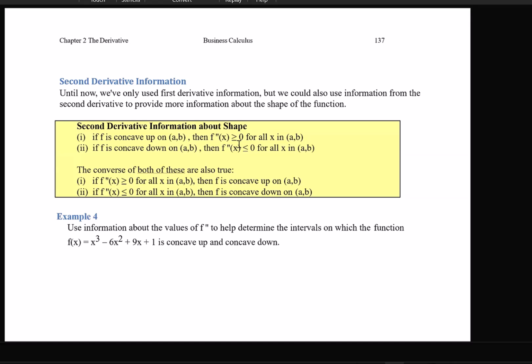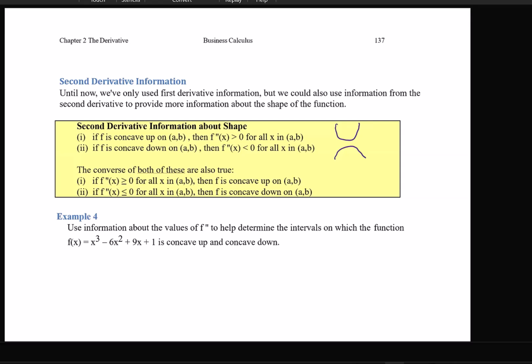If the second derivative is greater than 0 on some interval, we know it's concave up. If my second derivative is less than 0, my graph is concave down.